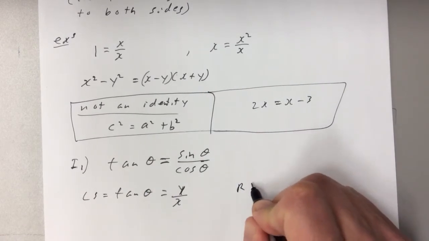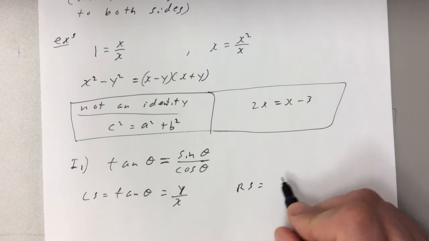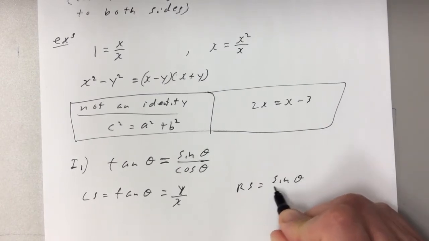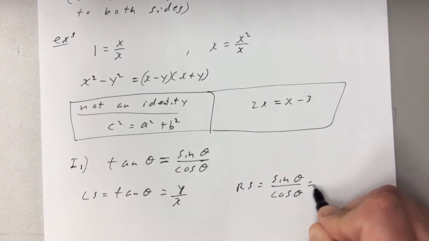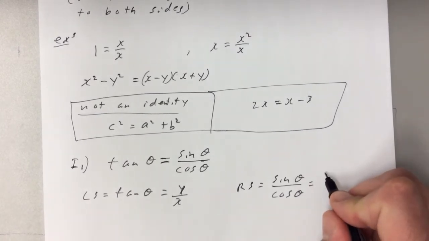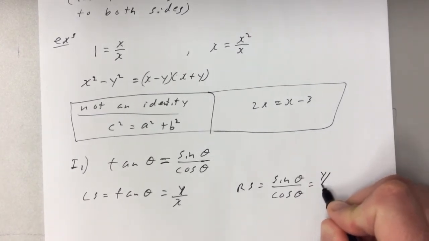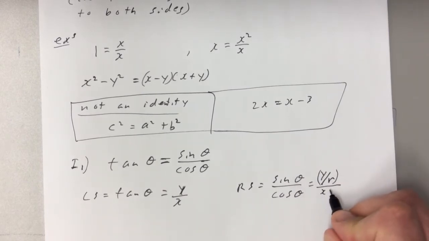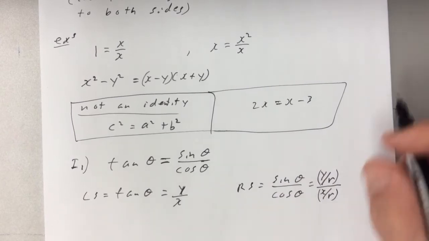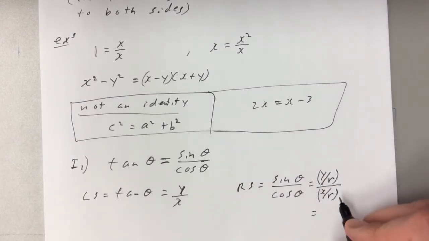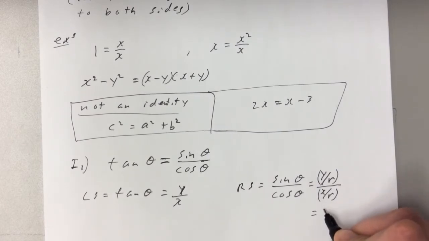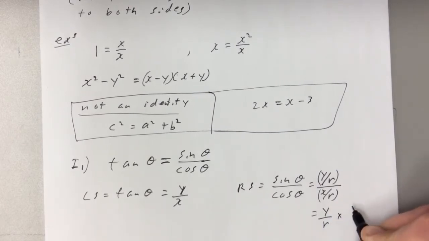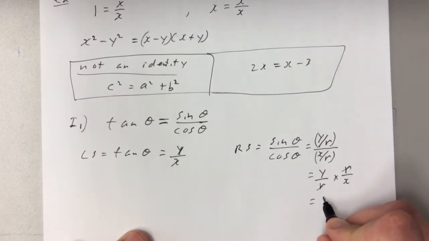Now we're going to look at the right side. Okay, and that's sine theta over cos theta, and that equals, well, sine theta is y over r, and cos theta is x over r. So we can change that division to a multiplication: y over r times r over x. The r's cancel out, and you get y over x.